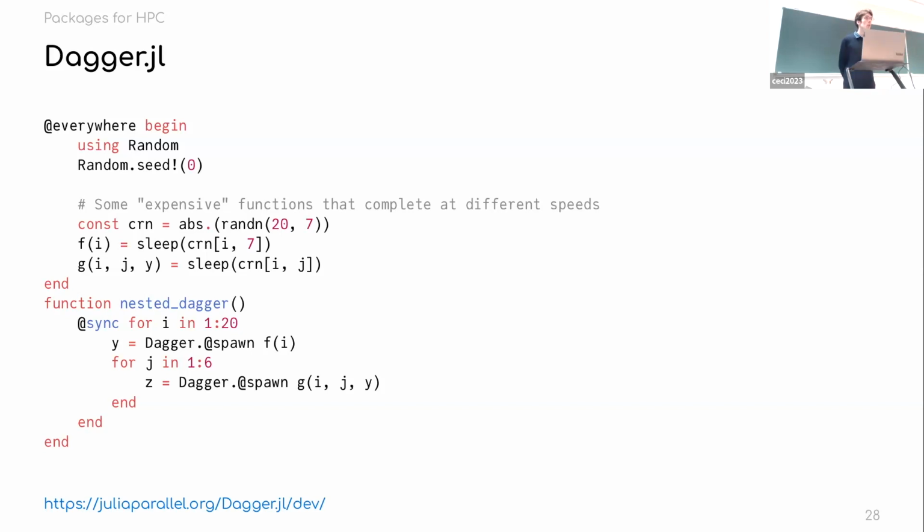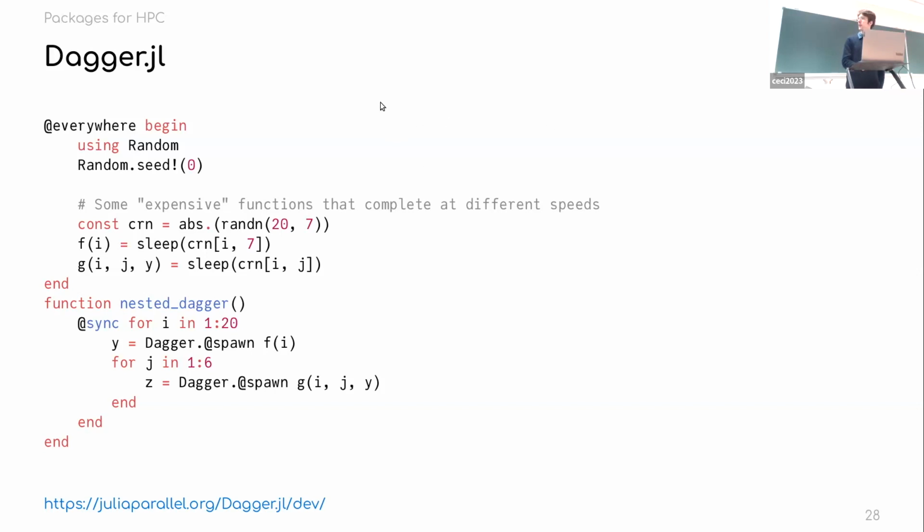It's a package that lets you work with multiple cores, multiple servers, even multiple devices, so you can use GPUs as well as CPUs. I'm only really covering one thing, but there's a lot in here. One thing that Dagger can do that threads cannot do is parallelizing multiple nested loops.